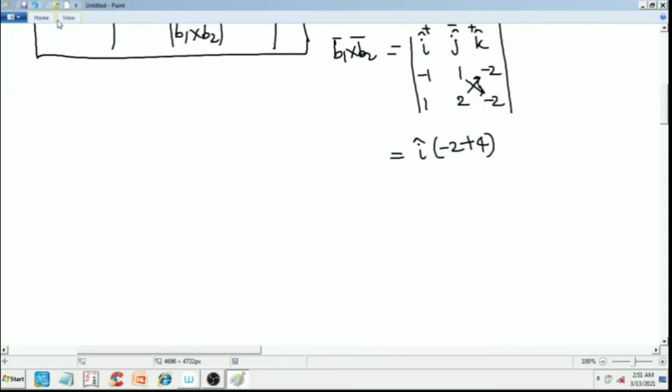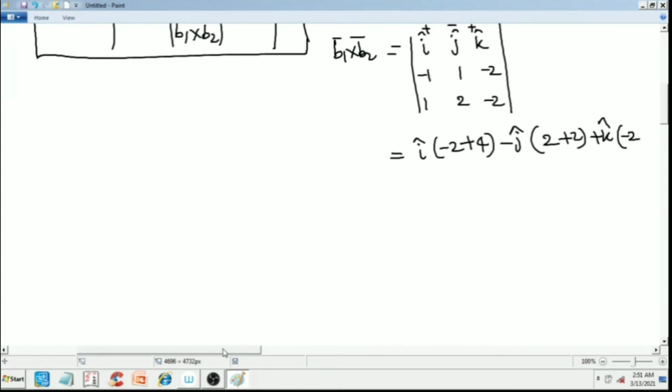In a similar way, minus j bar into AD minus BC, delete the corresponding row and column, remaining elements AD minus BC. So AD is 2, minus BC is plus 2, plus k bar into AD minus BC, delete the corresponding row and column.